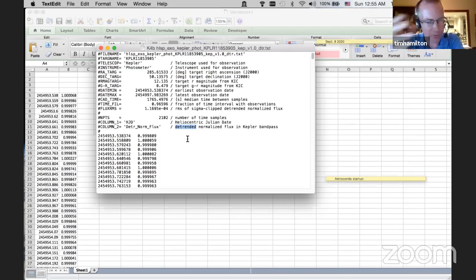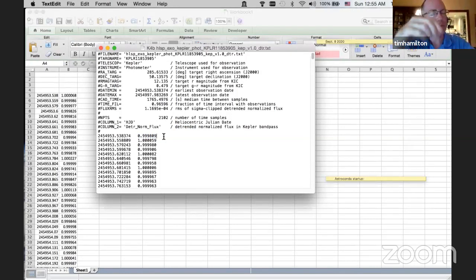And that's variations in either the pointing of the telescope, the sensitivity, other maybe long-term variations with the variability of the star. I don't know what all goes into that, but they replace the flux for a given observation with the average flux of the 1 day before or after. And that's detrending it, and it normalizes it.